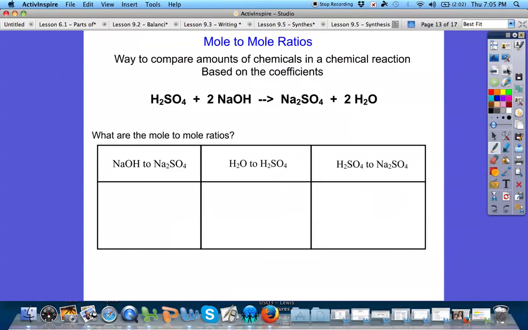Mole-to-mole ratios are a way to compare the amounts of chemicals in a chemical reaction based off the coefficients. So we said that these coefficients are going to tell us the number of moles. So we have 2 moles of sodium hydroxide and 1 mole of sodium sulfate.